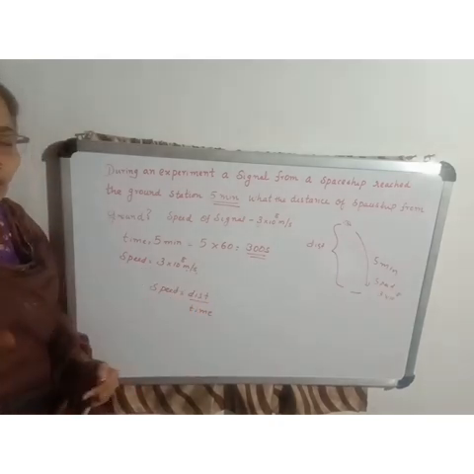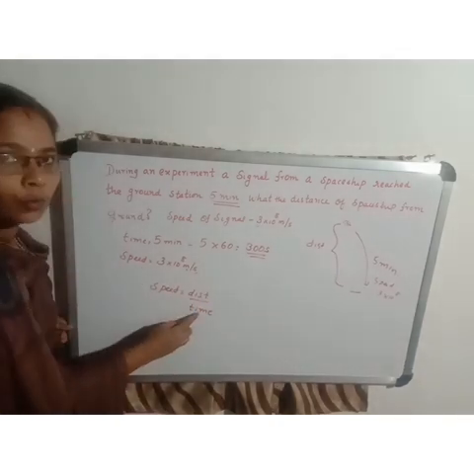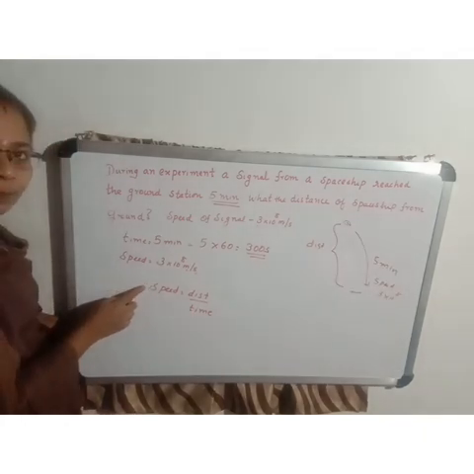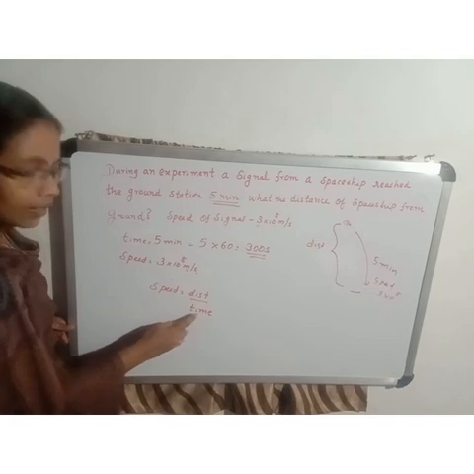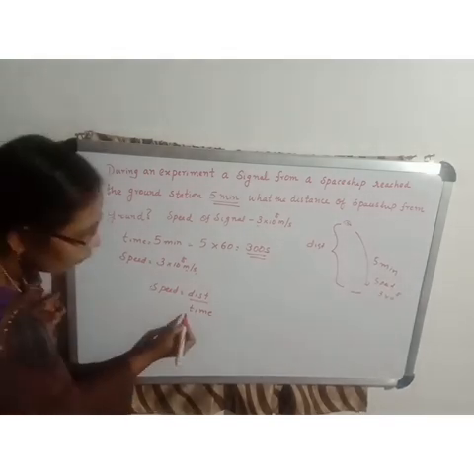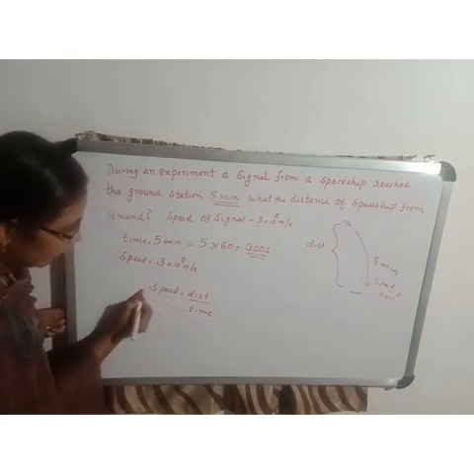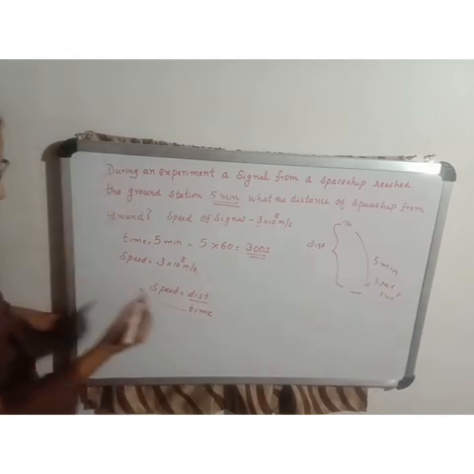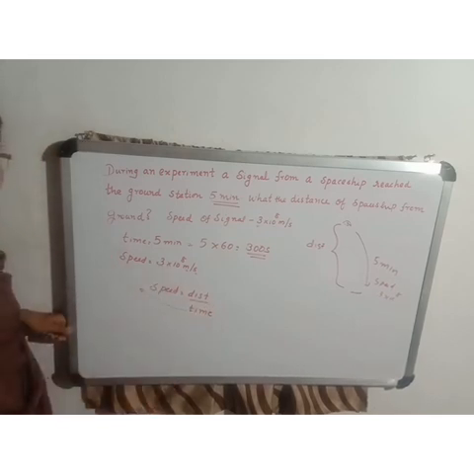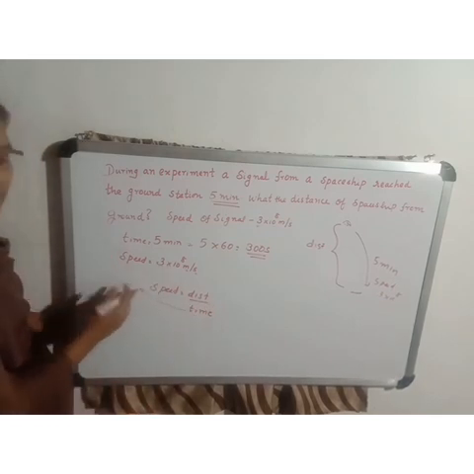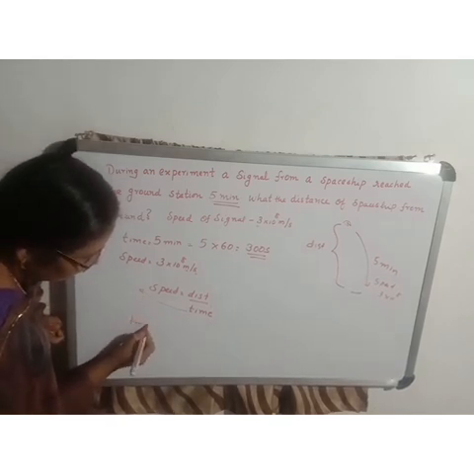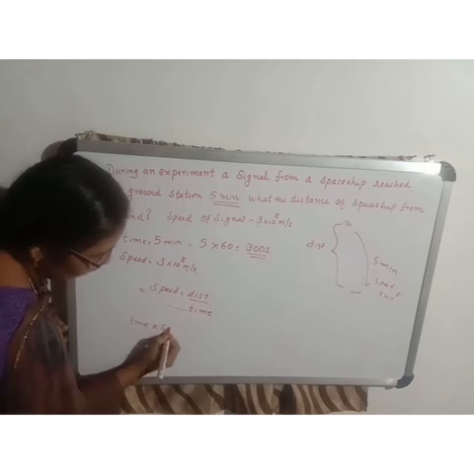If this denominator comes to this side, instead of division, it comes as multiplication. So if this time comes to this side, what happens? Here it is in the division form, in the denominator. So when it comes to this side, it will be time into speed.